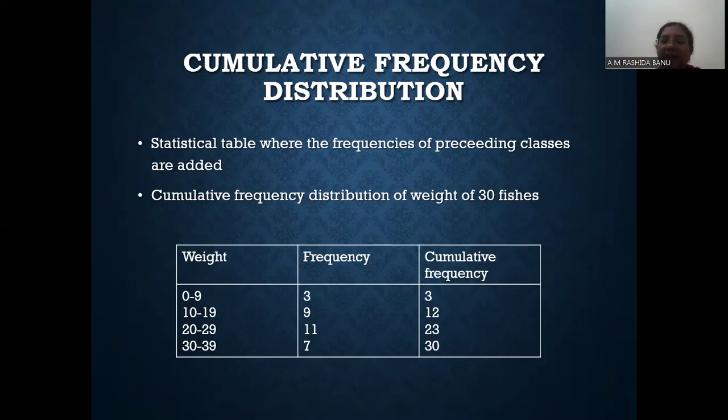So likewise, we are adding the preceding frequency along with the cumulative frequency. As a result, at the end, we are getting 30. So this 30 should be equal to the frequency distribution of the weight of the fishes. That is also 30, and the cumulative frequency last value is 30. So our table is getting tallied.